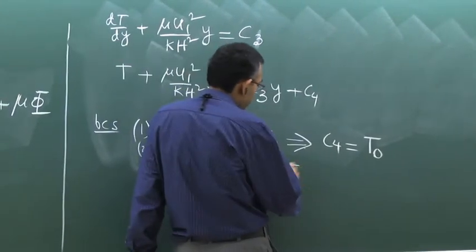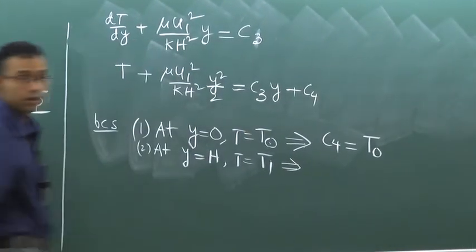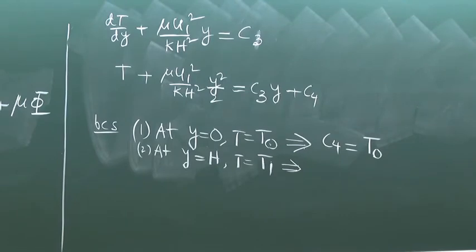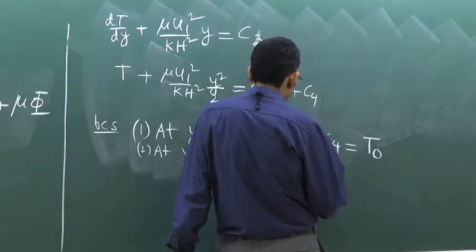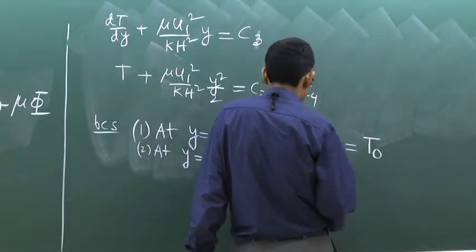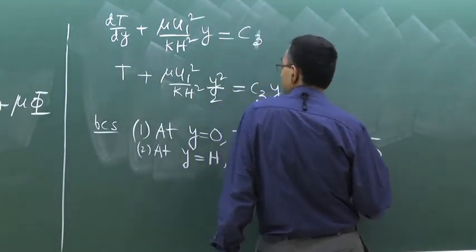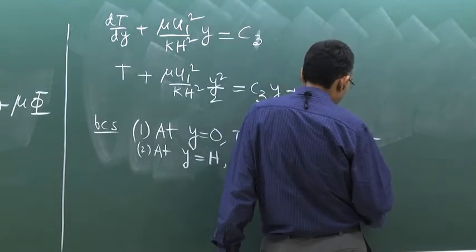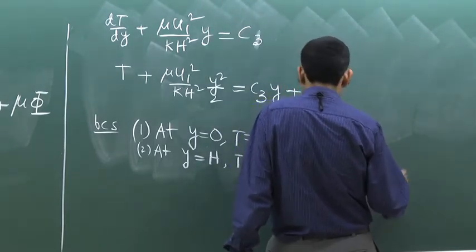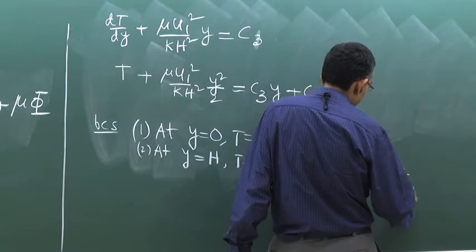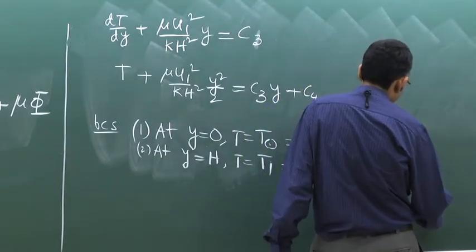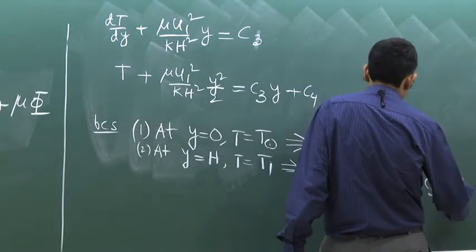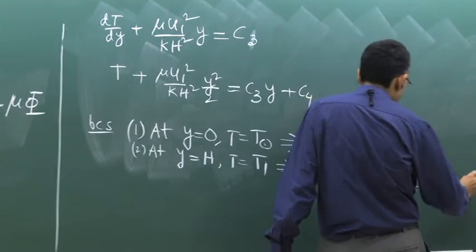At y equal to h, T equals T1, so you have T1 plus mu u1 square by k h square into h square by 2 is equal to C3 h plus C4, which is T0.